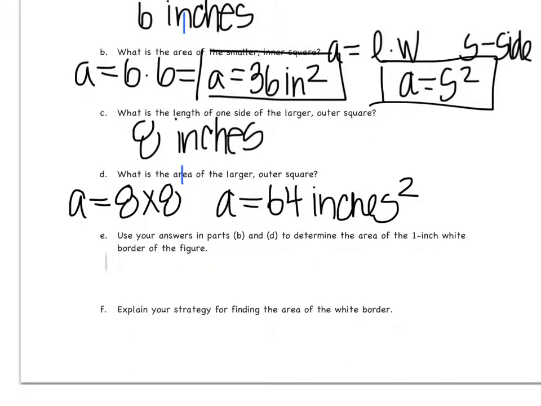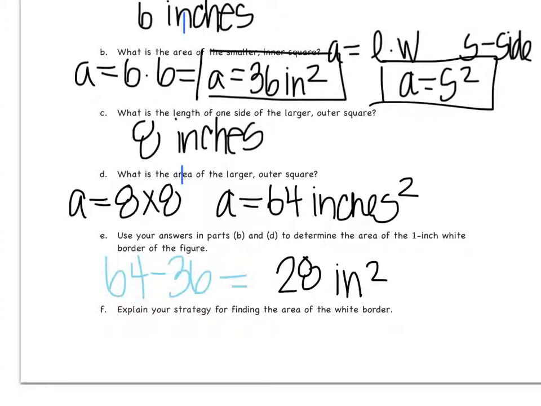I'm going to do 64 minus 36. And if I do my subtraction right, I should get an area of 28 inches squared.